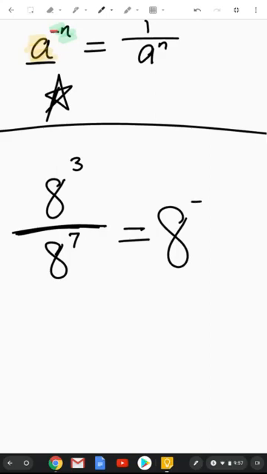Oh no, I have negative 4 as my exponent. So now I have 8 to the power of negative 4. But we are smart 8th graders, and we now know what to do with a negative exponent. The negative just means take the reciprocal of the base. So the reciprocal of the base is 1 over 8. I just put 8 underneath 1 in a fraction.